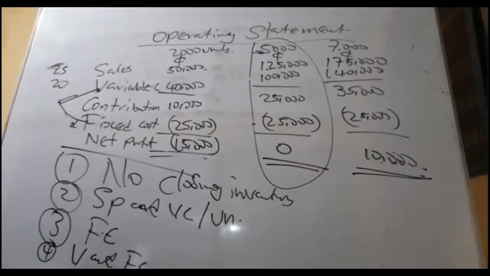It assumes that the variable cost and the selling price have a direct or linear relationship with output or quantity. Here too, in reality, it's not true.